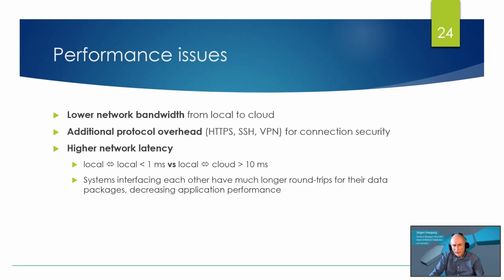When you're accessing cloud servers from local, it is normally more than 10 milliseconds, so it's a factor of 10. Systems interfacing each other have much longer round trips for the data packages, so decreasing application performance. As a result, the user experience might decrease.